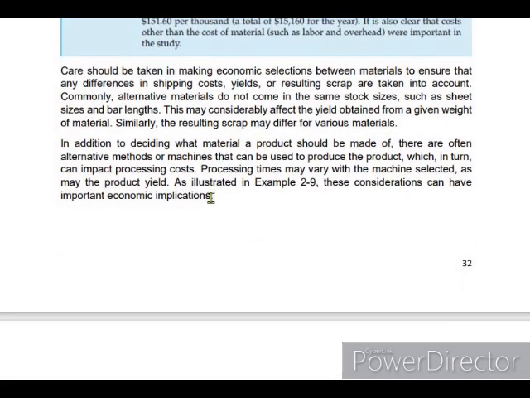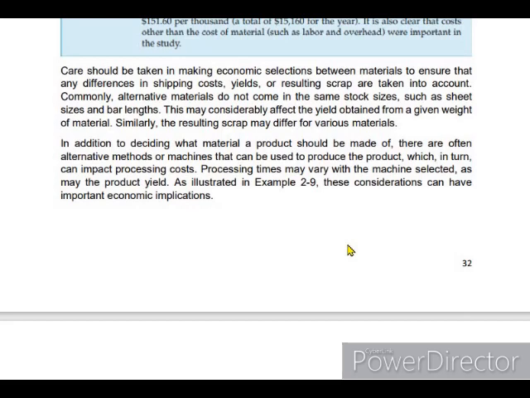In addition to deciding what material a product should be made of, there are often alternative methods or machines that can be used to produce the product, which in turn can impact processing cost. It is true because a product made from a machine is different from a product made from the worker's hand.